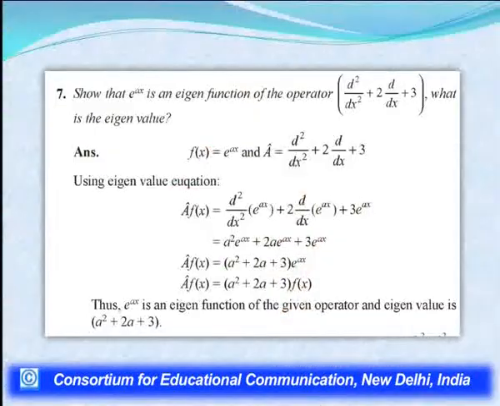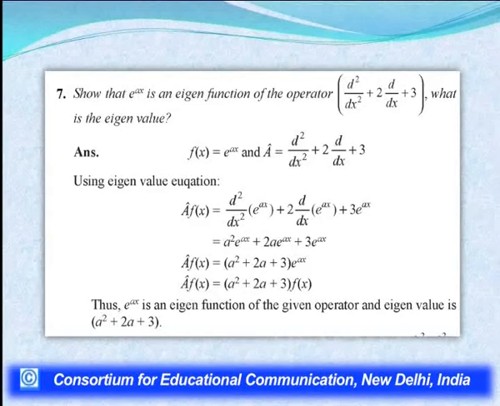So when I double differentiate e to the power of ax, I will get a square out of it. So it will become a square e to the power of ax, plus 2 into a e to the power of ax, because only one differentiation is done in the second expression, and then 3 into e to the power of ax.